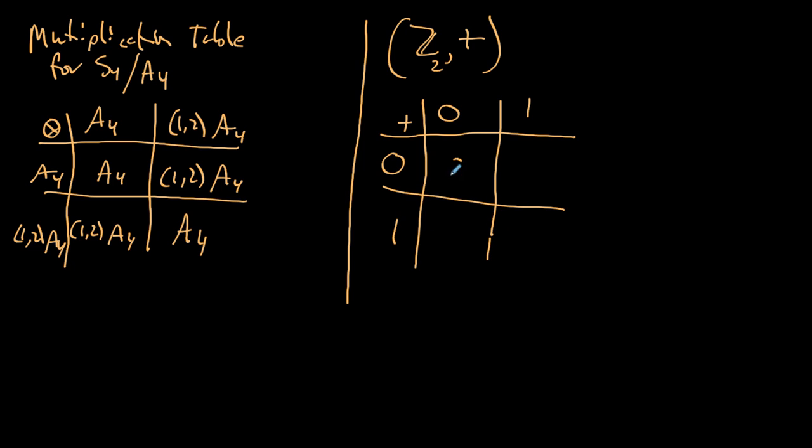And when I look at 0 plus 0 mod 2, I get 0. When I look at 0 plus 1 mod 2, I get 1. When I look at 1 plus 0 mod 2, I get 1. And when I look at 1 plus 1 mod 2, I get 0. Now, what I want to notice is that structurally, these two tables seem the same. They have the same structure.